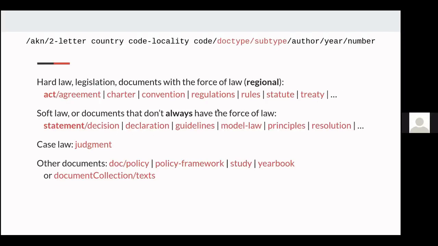So we decided not to do that because there aren't necessarily common across the entire continent abbreviations for these different types of documents. So we thought just keep it clear and simple. It might lead to slightly longer FRBR URIs, but it will lead to less confusion.